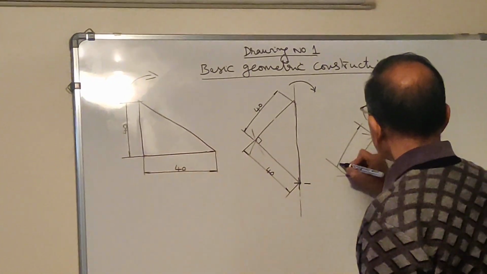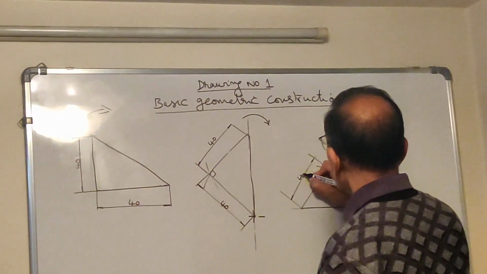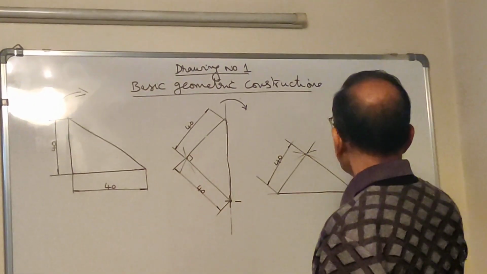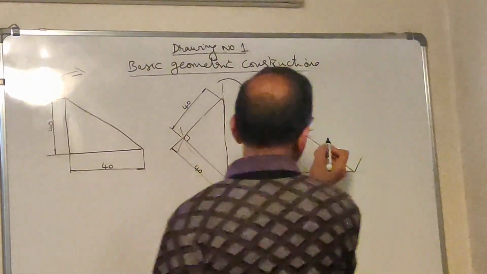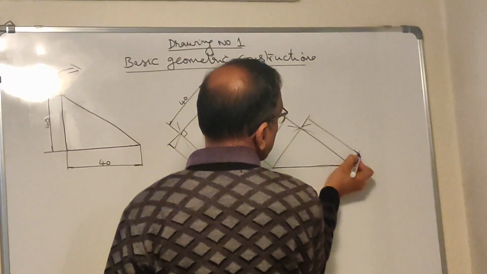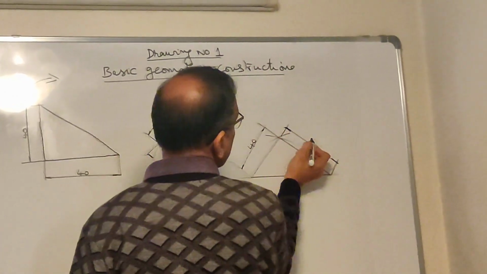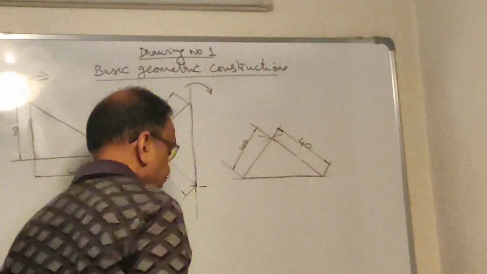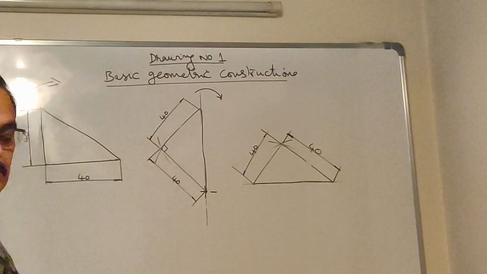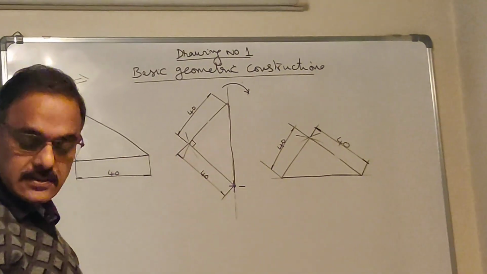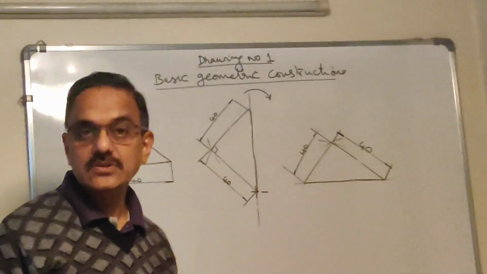The dimension line has to be parallel to the main line. You can write 40. Similarly for this. So three different triangles, the same triangle in three different positions.